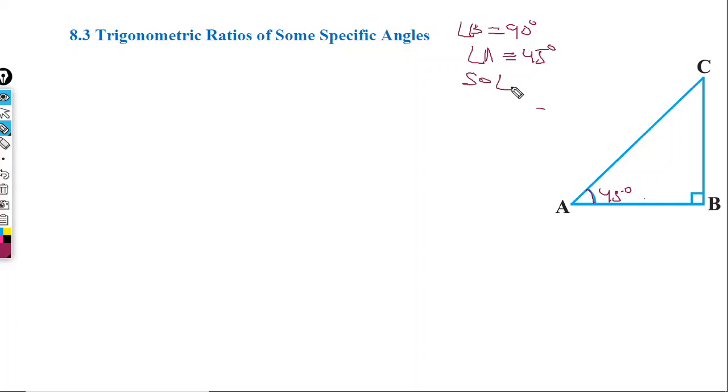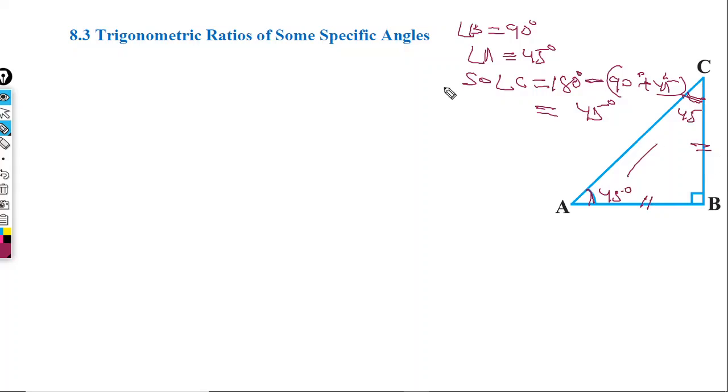So angle C will be equal to 180 degree minus (90 plus 45), which is equal to 45 degree. So we get angle C is also 45 degree. Now as angle A is equal to angle C, therefore the opposite sides will be equal. So AB will be equal to BC.